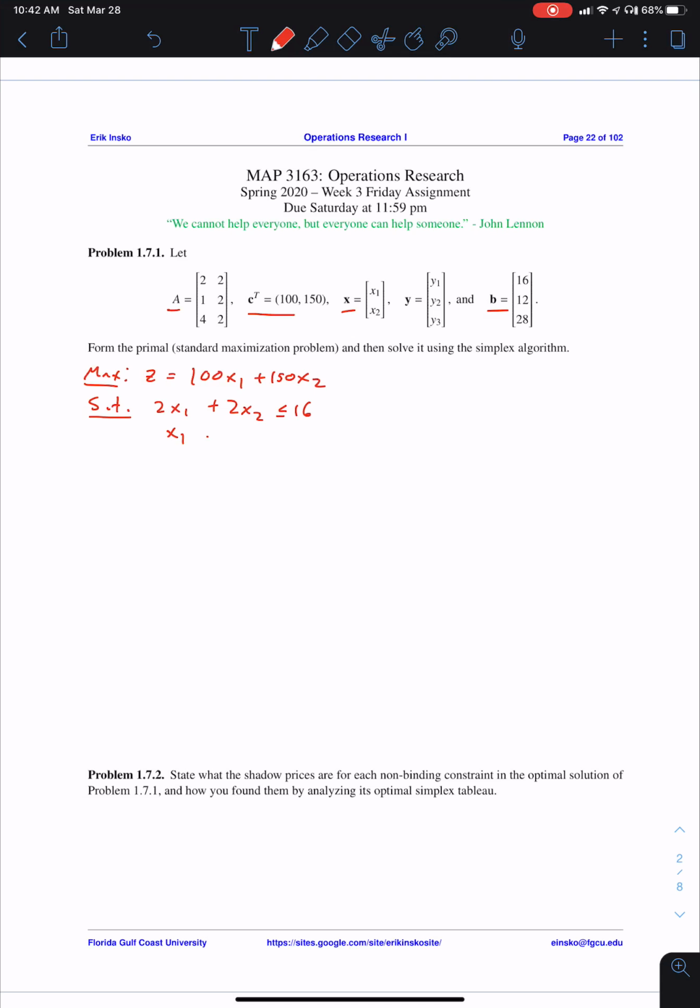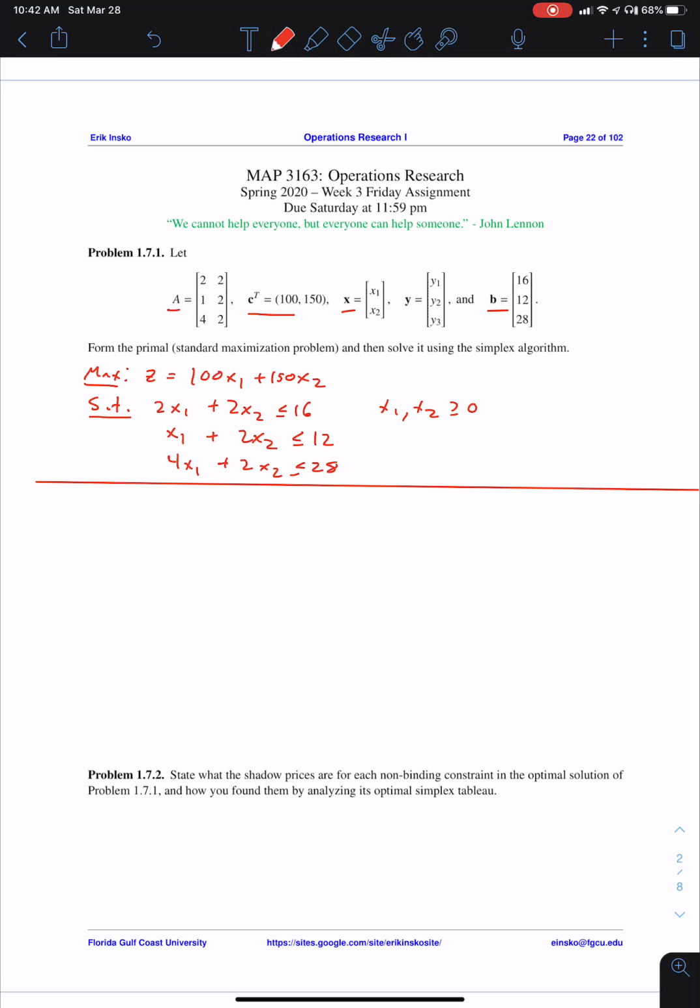Then you have x1 plus 2x2 less than or equal to 12. And you have 4x1 plus 2x2 less than or equal to 28. And you have x1, x2 greater than or equal to 0. So this is our objective function with its constraints.